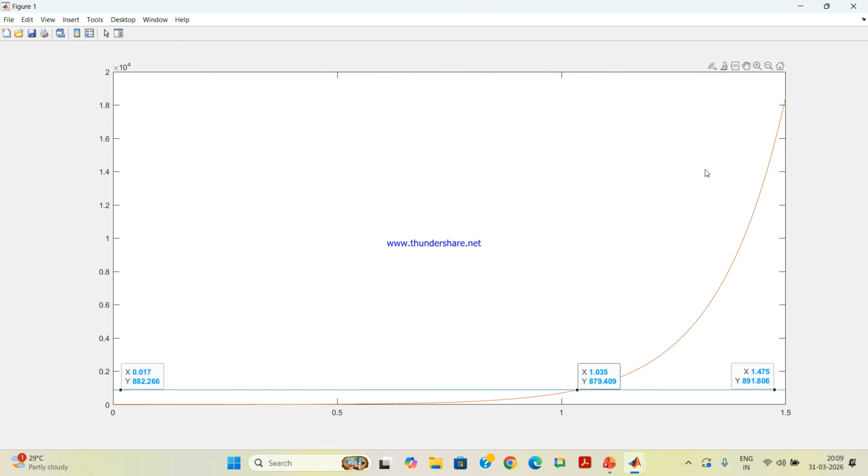That's why I told in the beginning of the discussion that we should be thankful that delayed neutrons are there inside the reactor. That's why we can very nicely control the neutron population, hence the fission, and we can control the power of the reactor. So this is all about today's discussion.